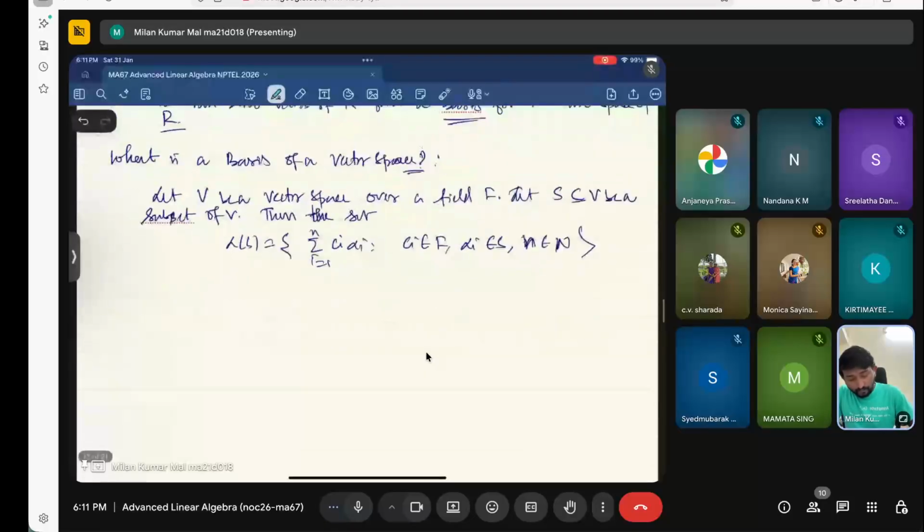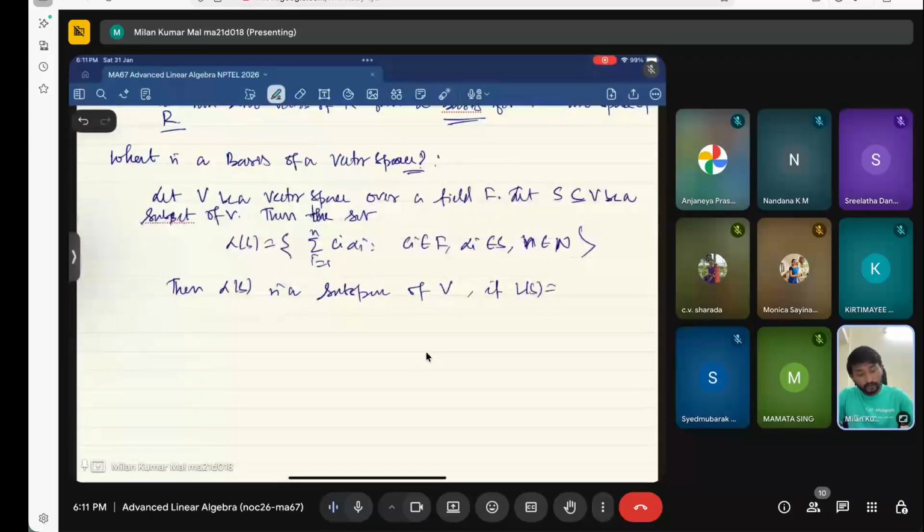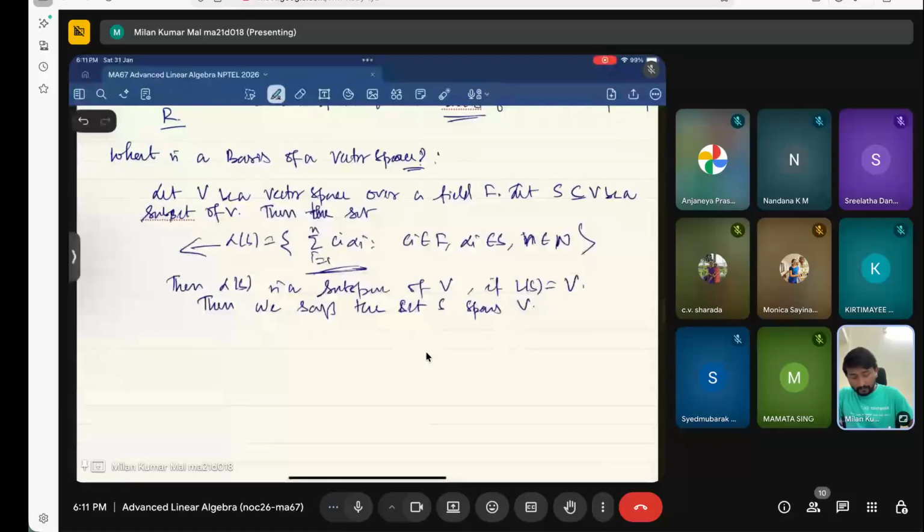Then LS is a subspace of V. If LS is equal to the vector space V, then we say the set S spans V. This is called the spanning set, spanned by S. Whenever you have a set of vectors and you take all possible linear combinations of vectors from that set, that is called the linear span.